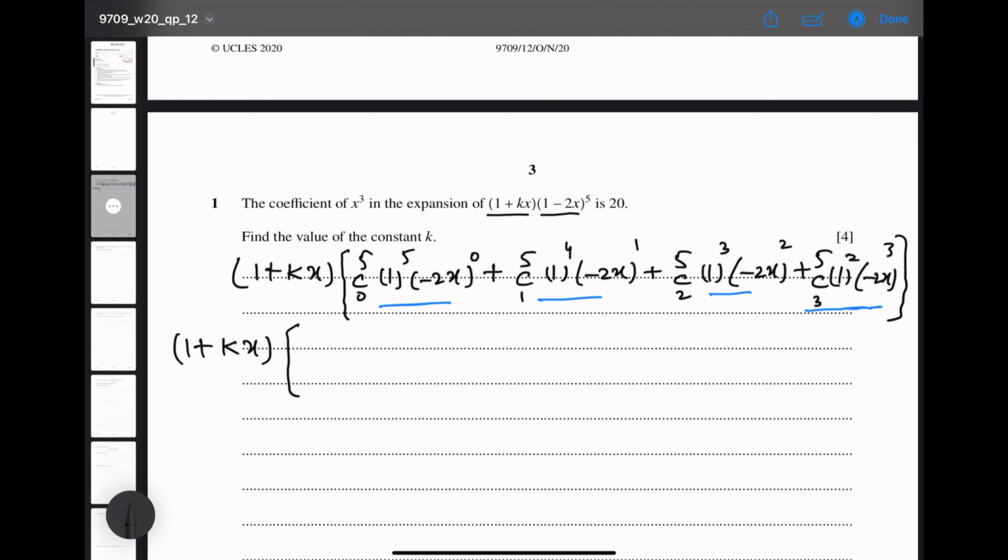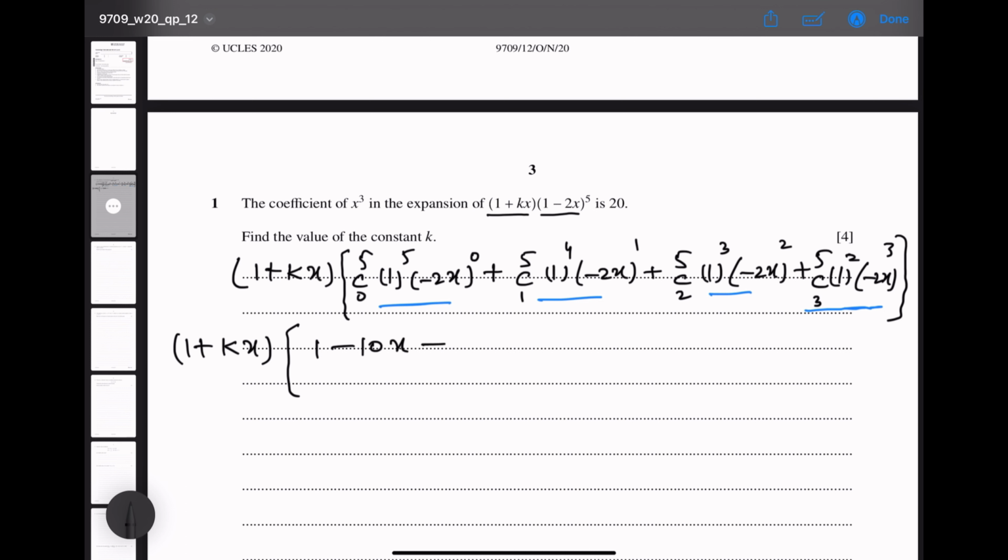After simplifying, 5c0 is 1, 1 power 5 is 1, minus 2x power 0 is also 1, multiplying them ultimately gives 1. The next term is 5c1, which is 5, multiplied by minus 2x, that becomes minus 10x.